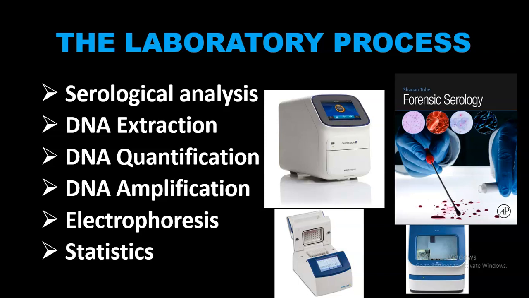So the various exhibits that were thought to be human blood were subjected to serological analysis to ascertain whether indeed they were the body fluid that the investigators initially thought they were. So in this case, they were thinking those stains were human blood, so they did serological analysis to determine whether indeed they were human blood.